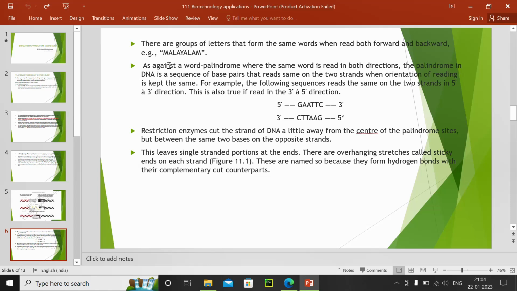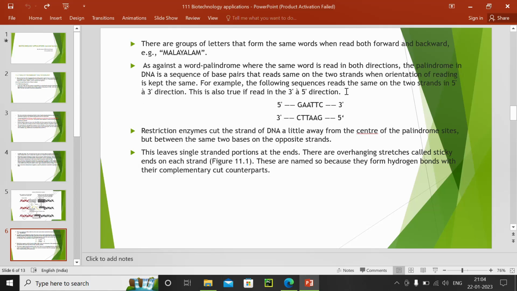As against a word palindrome, where the same word is read in both directions, the palindrome in DNA is a sequence of base pairs that reads the same on the two strands when the orientation of the reading is kept the same.